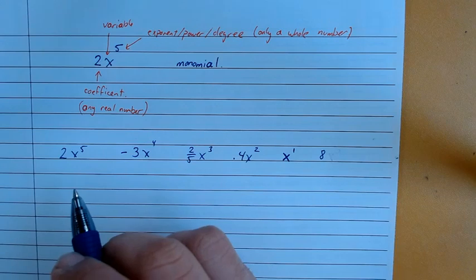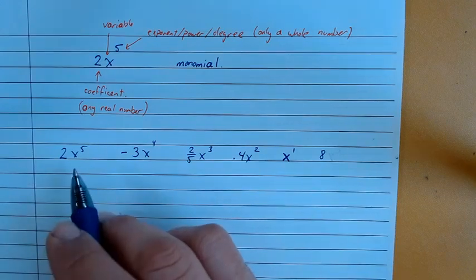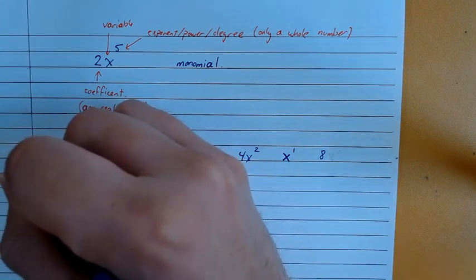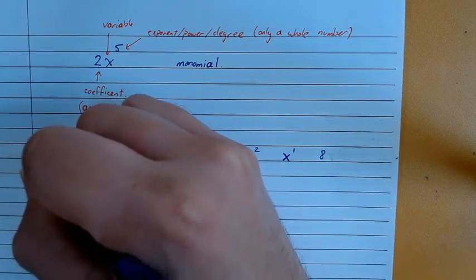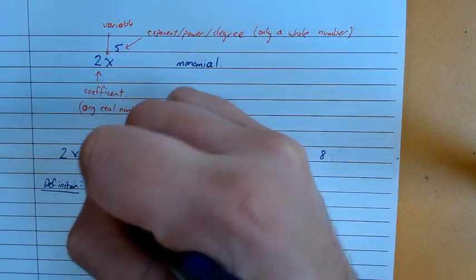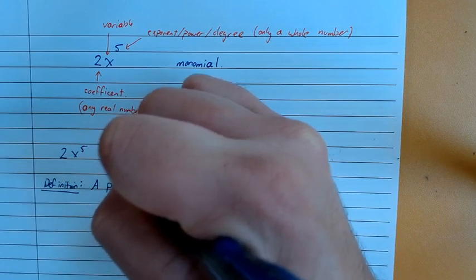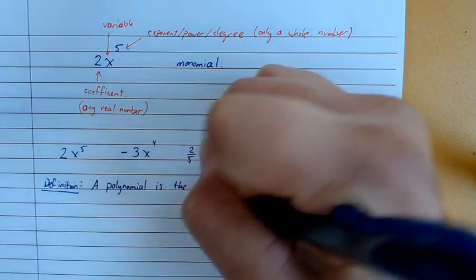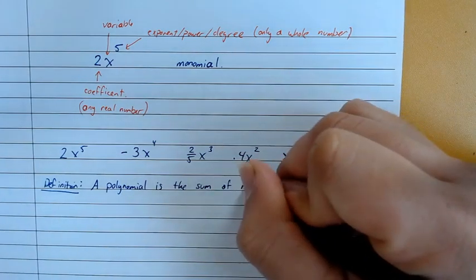All right, so what's a polynomial? Well, a polynomial is what you get when you add or subtract monomials together. Definition. A polynomial is the sum of monomials.